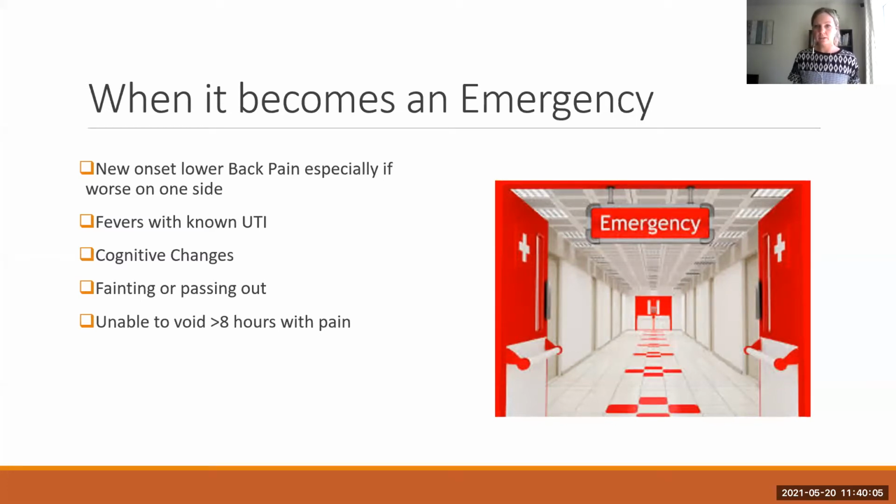And then fainting or passing out, losing consciousness, that means you might be becoming septic and that you need to call 911 if somebody has an infection and they're being treated and some of these things are happening.